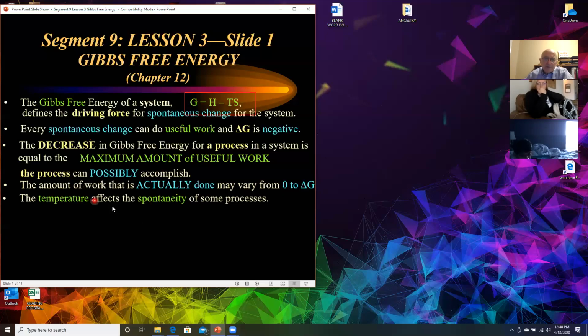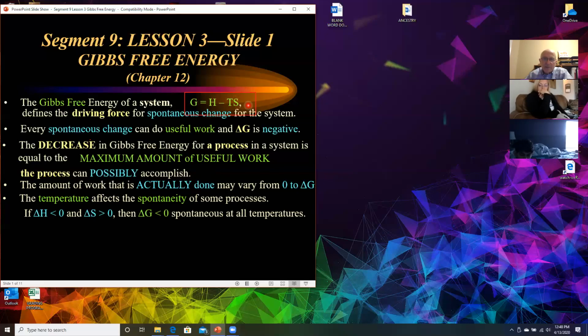Now, temperature affects the spontaneity of some processes because of this function: delta G equals delta H minus T delta S. So if you change the temperature, you're going to change the value of delta G dramatically. But if you change the temperature, you really don't change delta H or delta S very much.